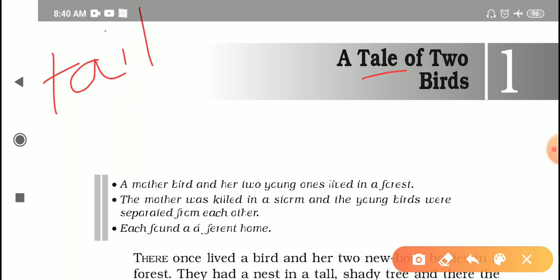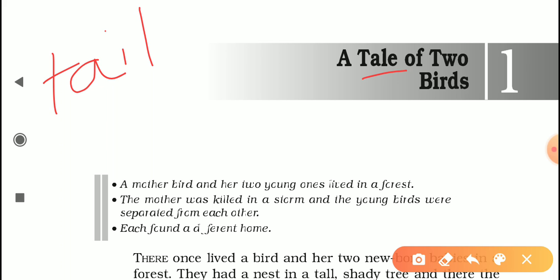Tail means the end part of an animal, जिसको हम पूंछ बोलते हैं. Or another word is tell, which means to say something to someone. So see, these three words sound alike, but the meanings are different. These words are called homophones.